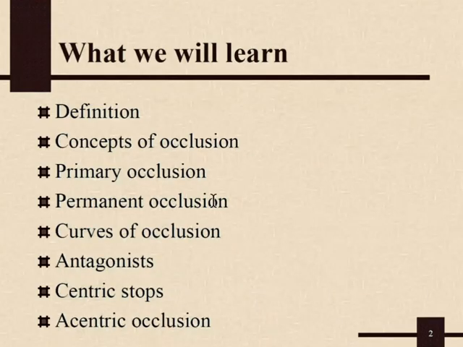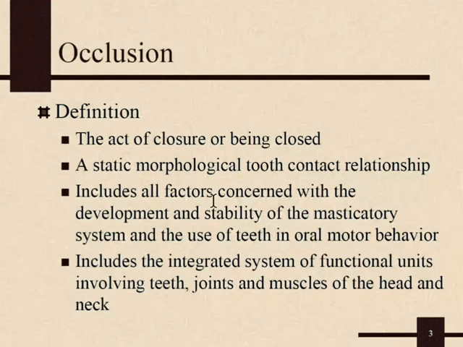So if we want to say what occlusion is, the definition is the act of closure or closing. Occlusion is the closure of two directions. Being simple, occlusion means the contact relationship of the teeth in function or in parafunction.